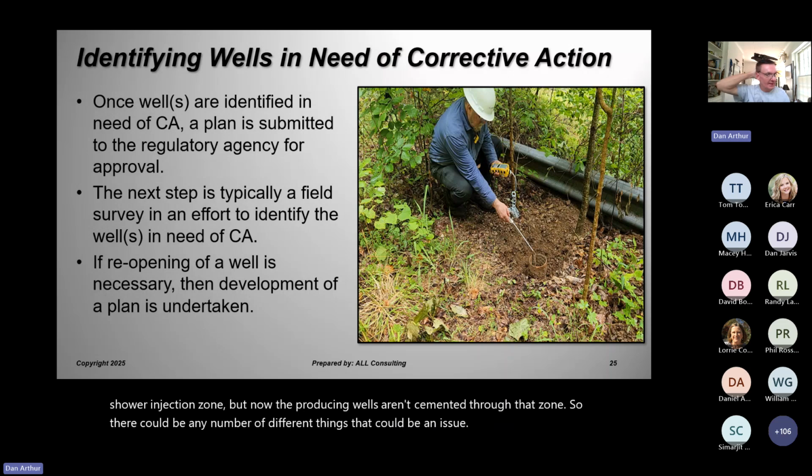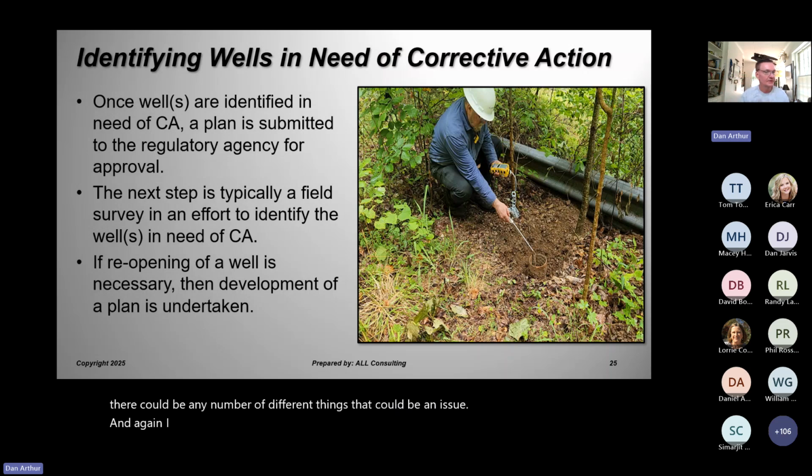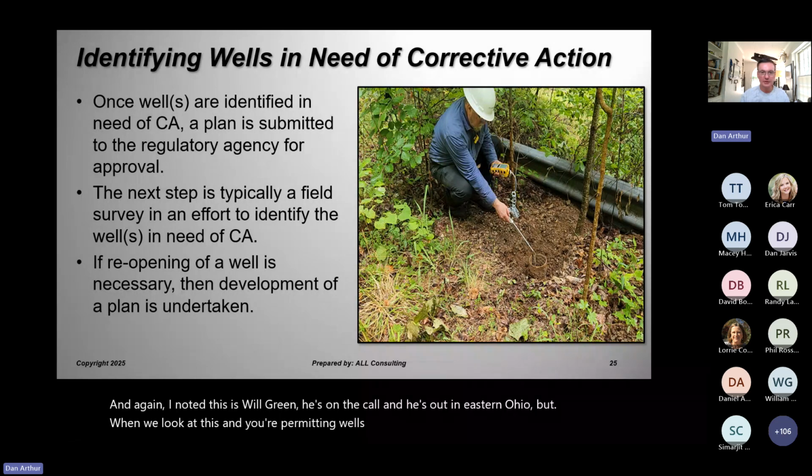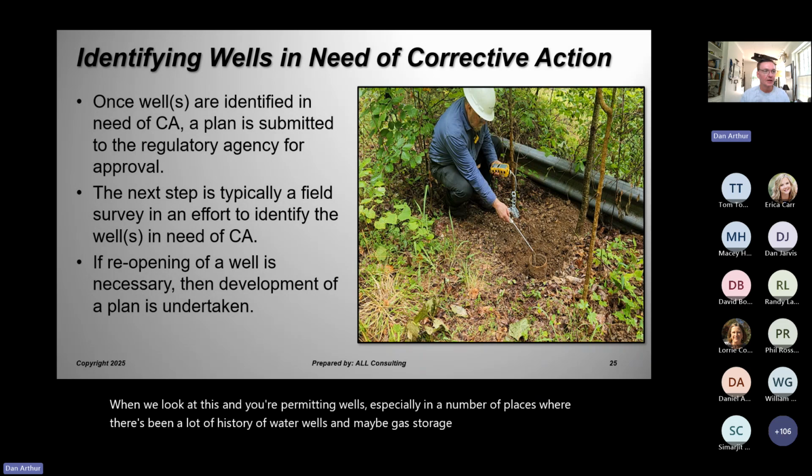And again, like I noted, this is Will Green. He's on the call, and he's out in Eastern Ohio. But when we look at this, and you're permitting wells, especially in a number of places where you know there's been a lot of history of water wells and maybe gas storage, or pick any number of things, you've got to learn how to go find those wells, and sometimes you just need boots on the ground to get out there.